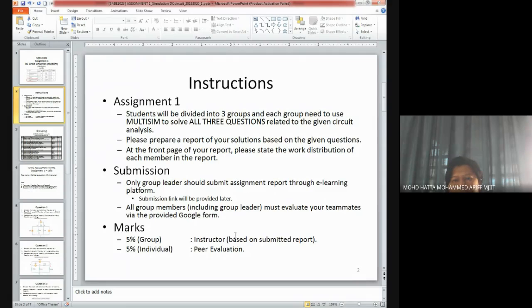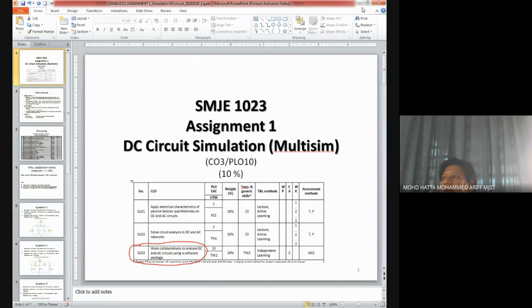If not that much contribution, maybe you can consider giving fair marks. All right, that's for the assignment. Later on I will post it in e-learning, and you can download this file.